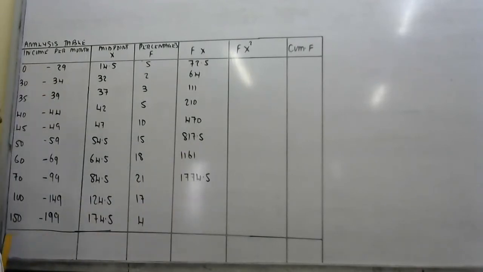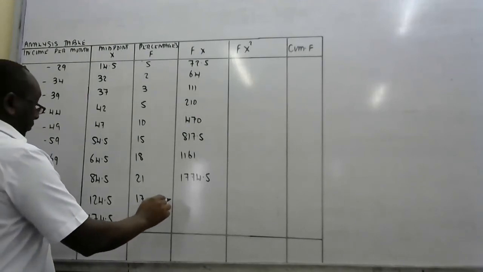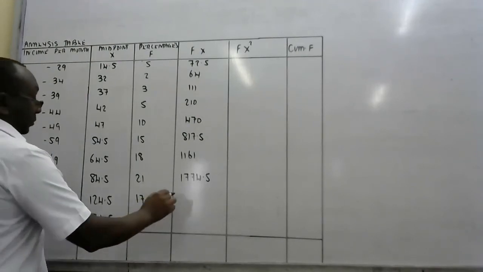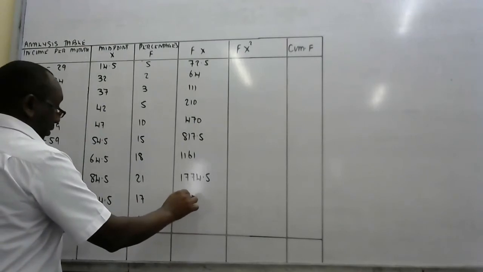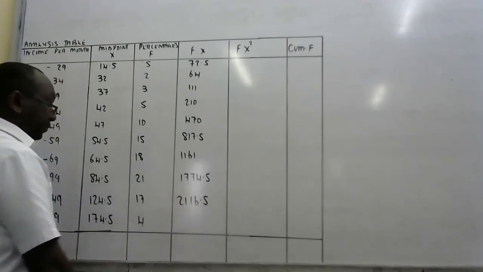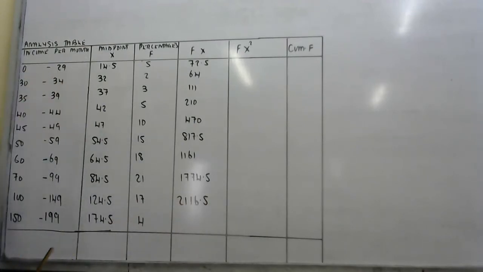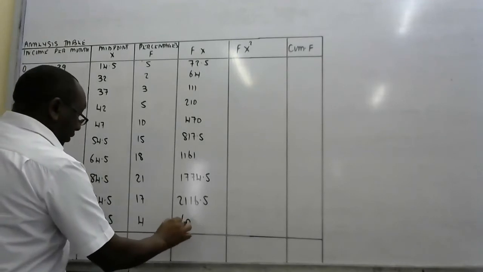Okay. Haya, huyu mwingine? 21.16.5. 698.